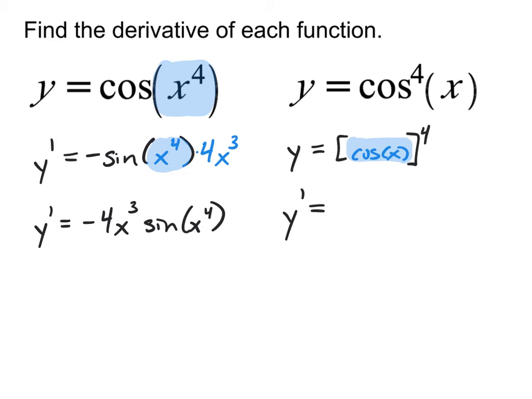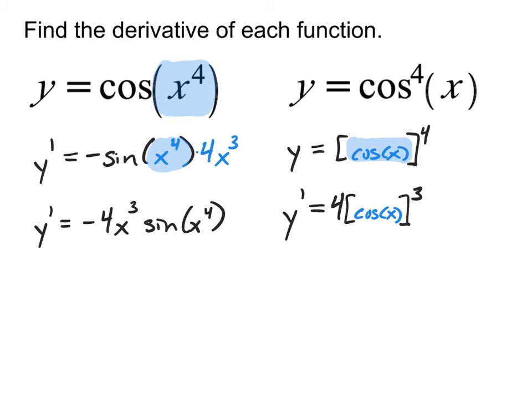All right, so now when I go to find my derivative, I'm going to do the derivative of the outer function first. The outer function here is something to the 4th. And so that's going to give me 4 times that same something, so it's going to be 4 times the cosine of x to the 3rd.